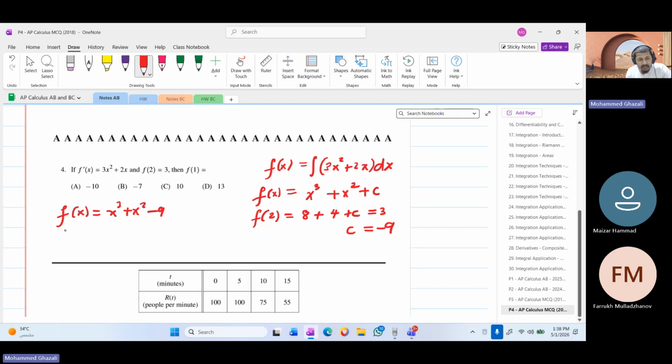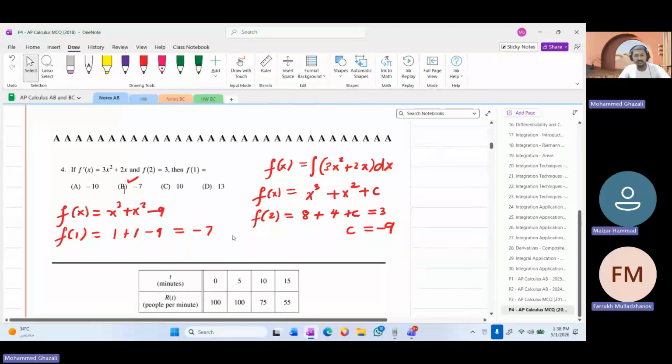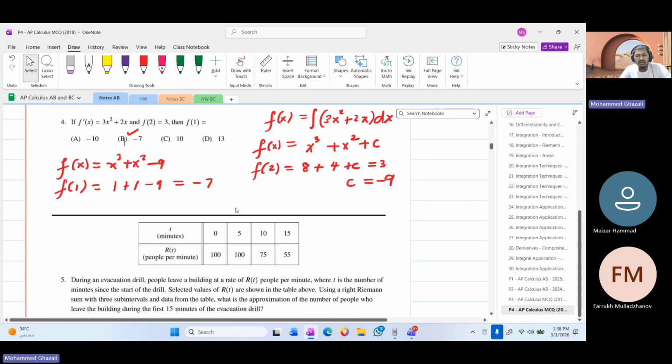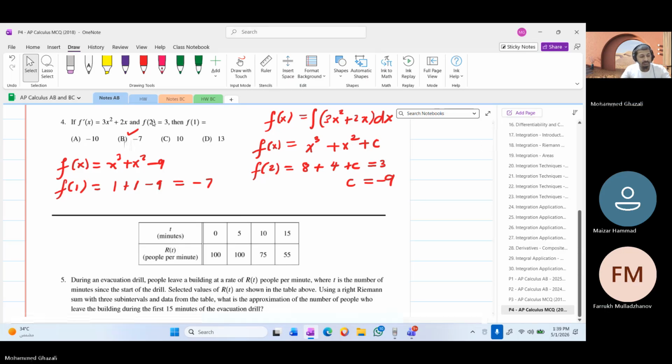Evaluated at 1, you're going to get 1 plus 1 minus 9, which is negative 7. Excellent. A little bit tricky, but easy. Just antiderivatives, substituting the initial value, and then solving the problem. Good stuff.